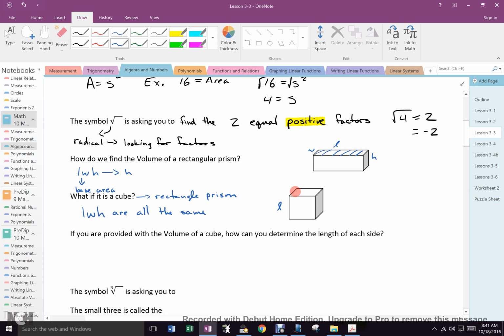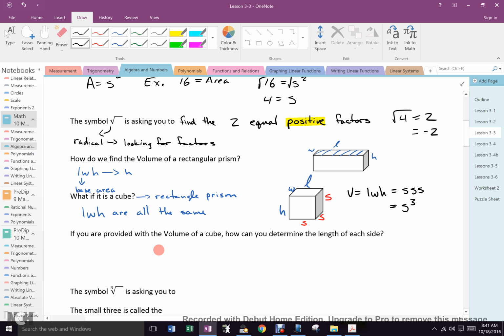Since they're all the same, it's the same as saying side, side, side. Yes? So volume equals LWH, but it also equals side, side, side. Side, side, side we write as side cubed. Right? Everybody's okay with that, yeah? This is all grade 9 stuff.